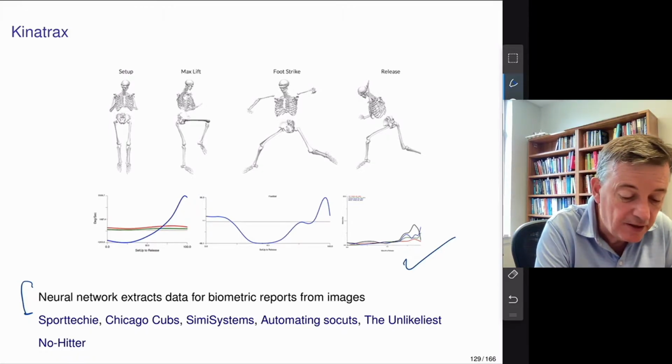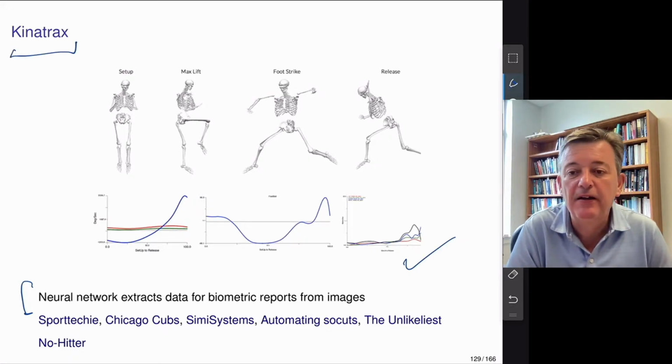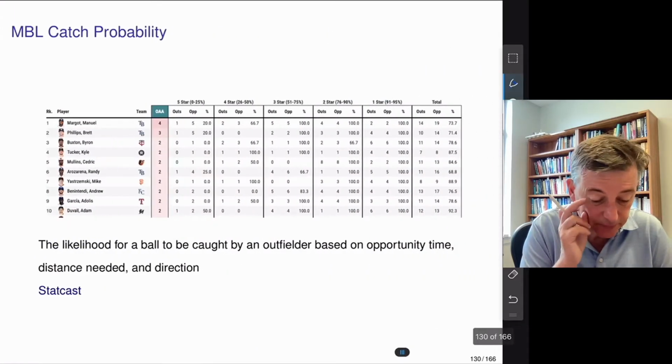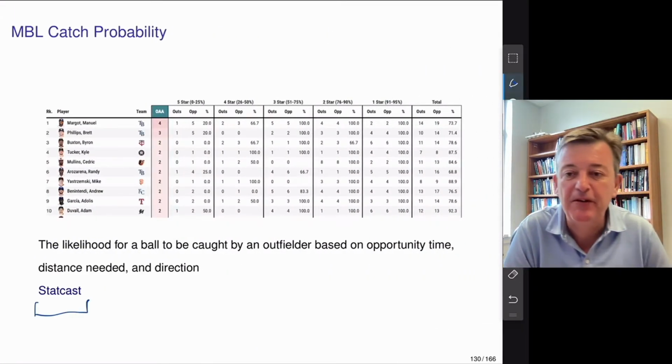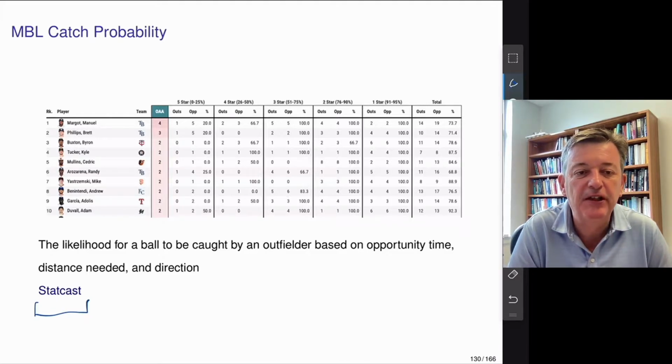So the company doing groundbreaking work in that is called Kinetrax. Another interesting area, there's a huge amount of baseball statistics. So another interesting model in the last 5, definitely 10 years: the way that fielders have placed themselves in the outfield on a baseball pitch has changed dramatically based on the likelihood of where the batter's going to hit.